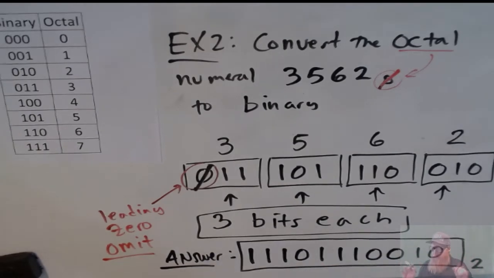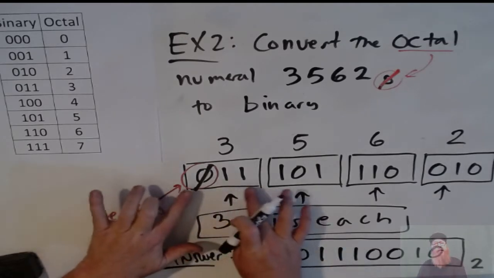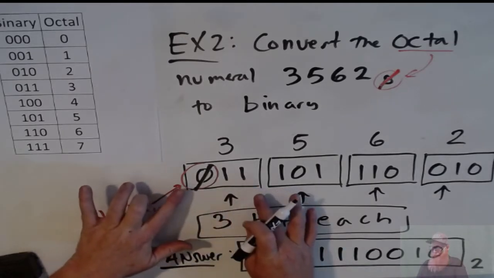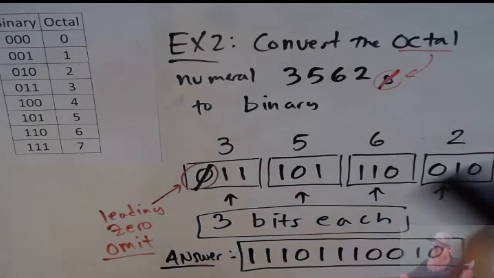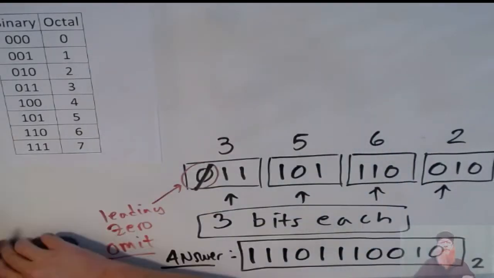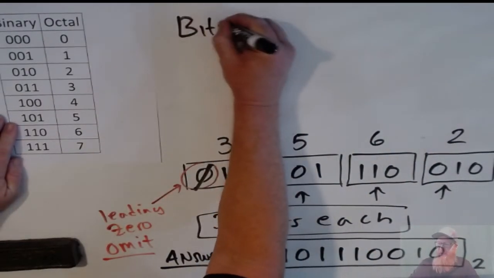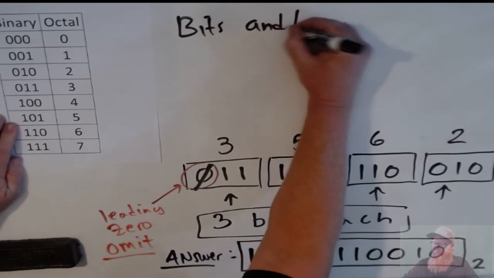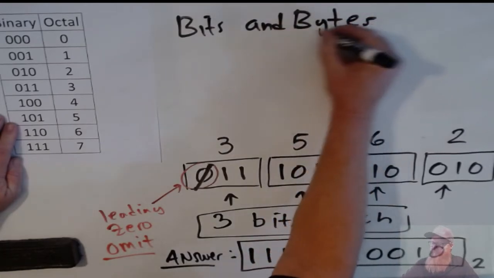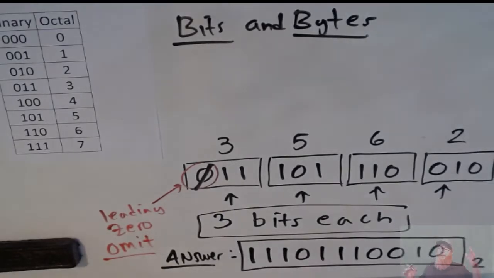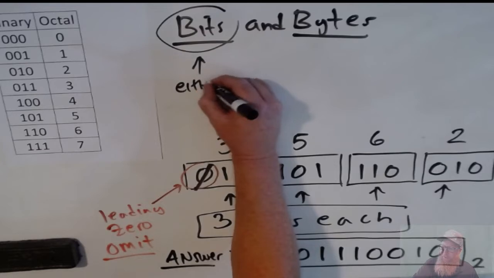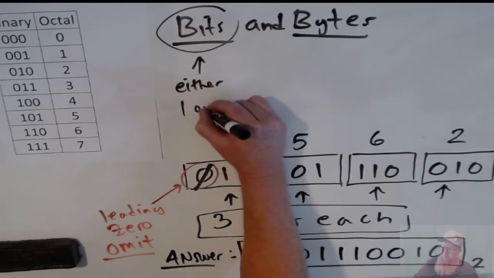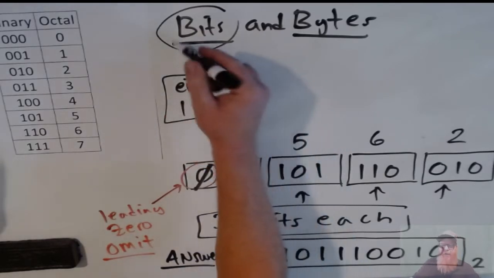There is one problem with this process. You might have noticed it over here. Let's talk a little bit about bits and bytes. Computers like to bundle their bits. A bit is either a 1 or a 0. That's in binary.